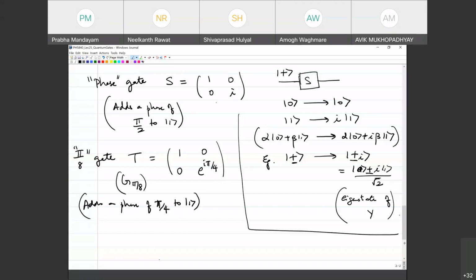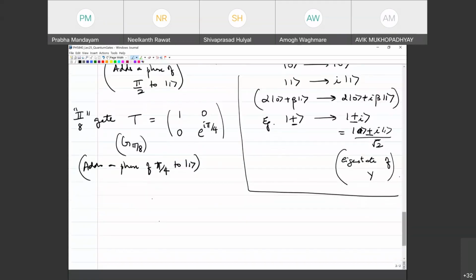But now you see, if I pull out an e to the i pi by 8, then this becomes this kind of a gate. Now, if you stare hard at this matrix that I've written, you will see that it looks somewhat similar to the Z gate, the 1, 0, 0, minus 1.